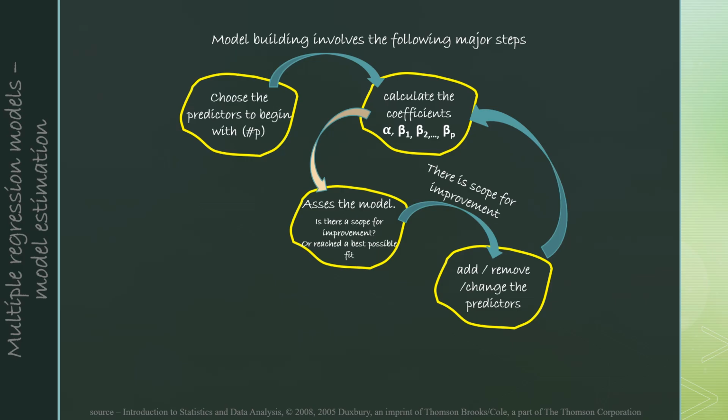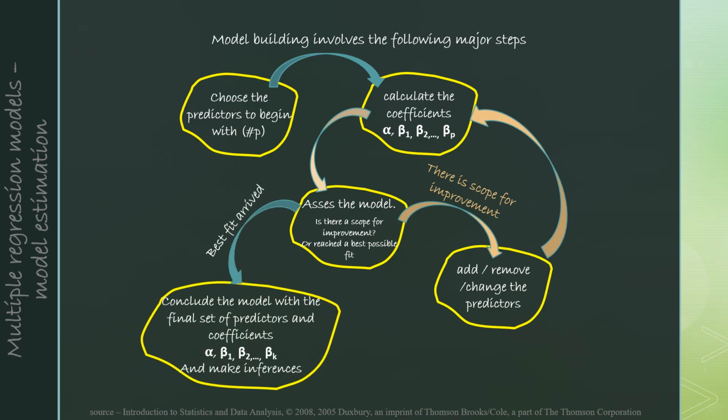Reassess the model and check if there is a scope for improvement or reach the best possible fit. In case there is scope for improvement, redo the steps until you reach a best possible fit. On arriving at a best possible fit, conclude the model with a final set of predictors and coefficients and make the inferences.